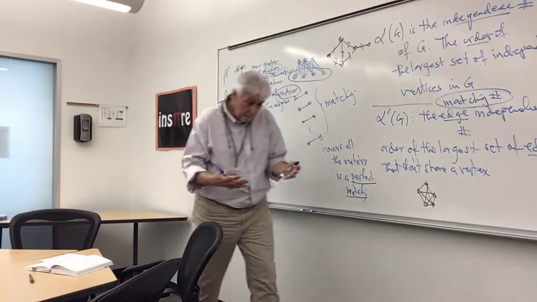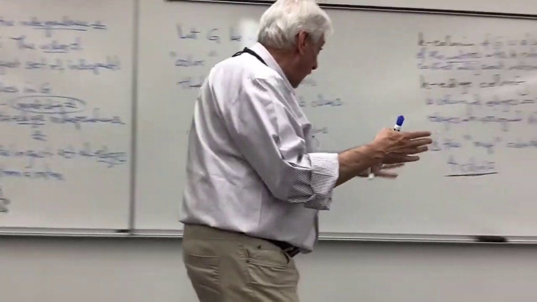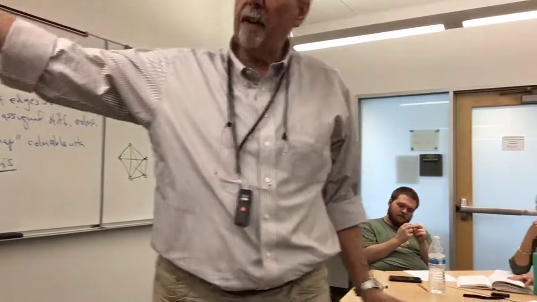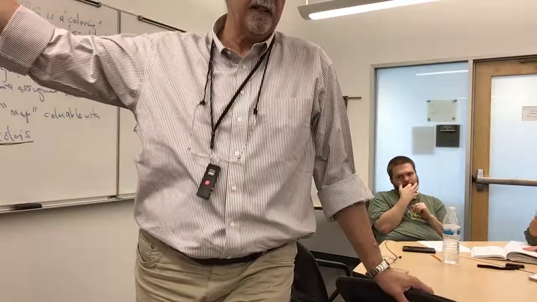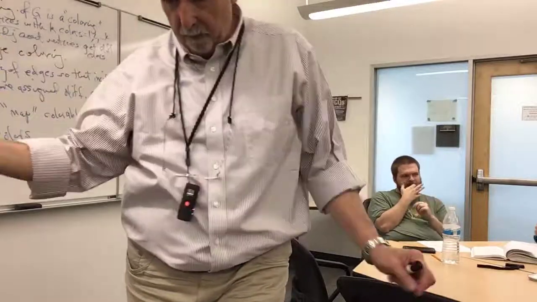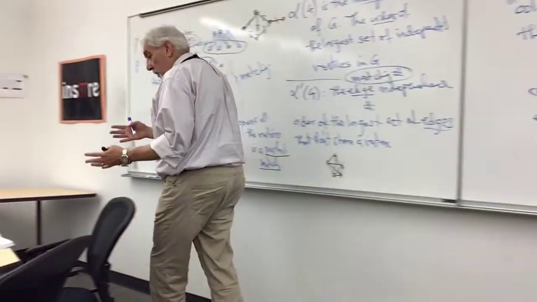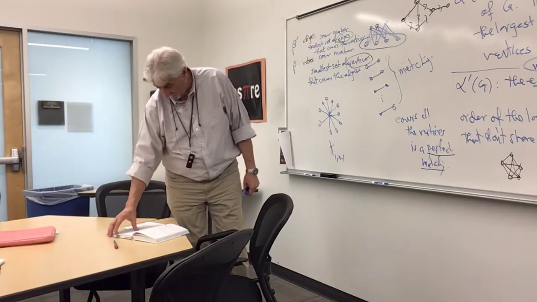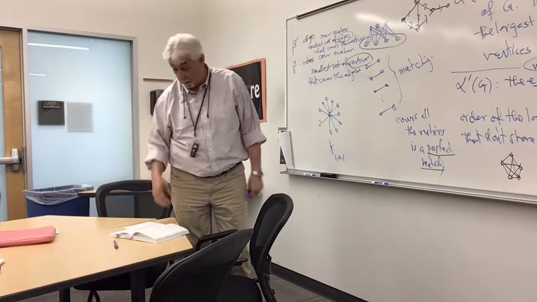So in fact, just like when we color the vertices, where the vertices colored color 1 must be an independent set, when I color edges, the edges that are colored the same color must form an independent set of edges. So we have this relationship between the coloring of vertices and the coloring of edges, and we'll see how they are tied together in two classes. So next Thursday, we'll see a relationship.